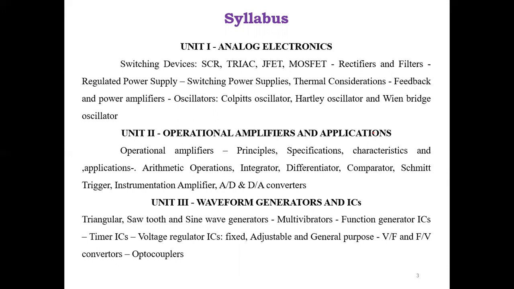These are the basic analog electronics we use in day-to-day life. So we are going to see the characteristics of these devices as well as the different applications of these analog devices. Okay, so let's do chapter 1.